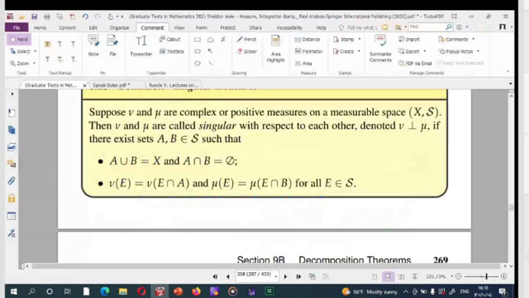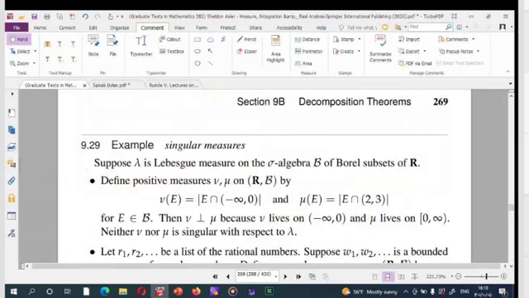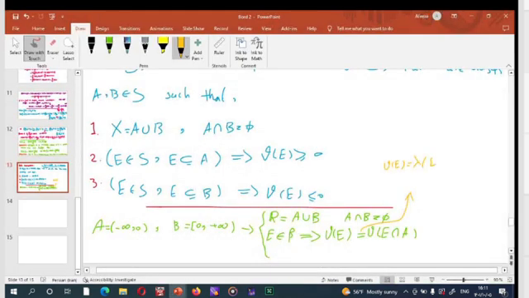In this example, we have minus infinity and 0, and mu of E, this intersection, equals this intersect by this, and these two are the same.